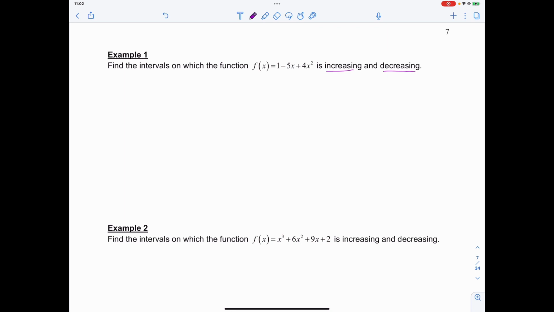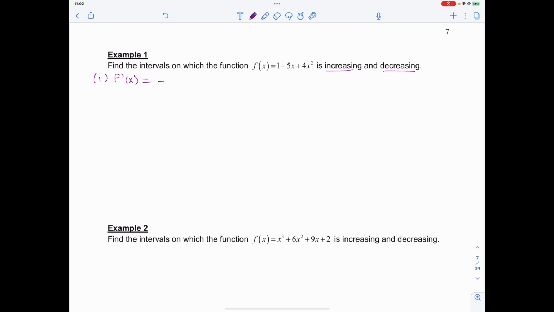Well, we know that the increasing and decreasing is based on the idea of whether the derivative is positive or negative. So the first thing we're going to do is find the derivative. If I take the derivative of this function, then that 1 is just going to become a 0.